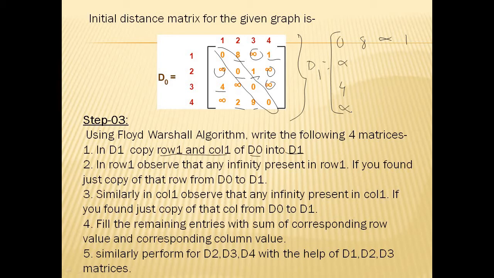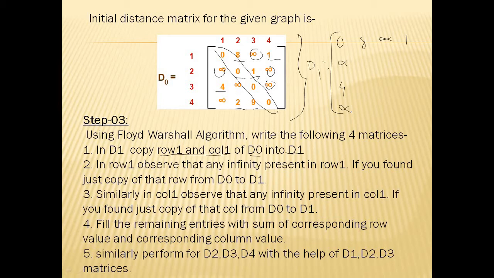If you are calculating D3, row 3 and column 3 will be copied. If you are calculating D4, row 4 and column 4 will be copied as they are from the previous matrix. If you are calculating D2, work with D1. If you are calculating D3, work with D2. If you are calculating D4, work with D3. Now I am calculating D1, that's why I am working with D0.